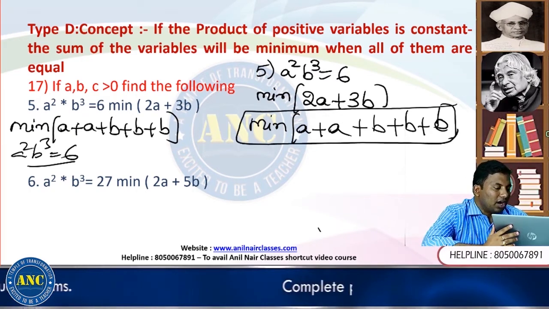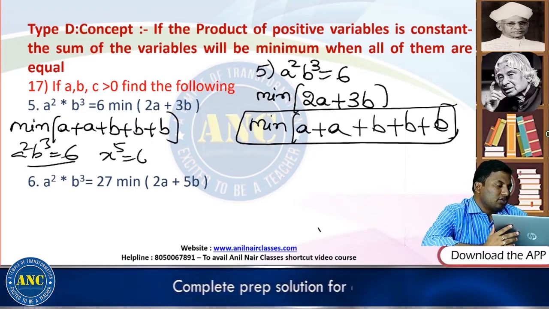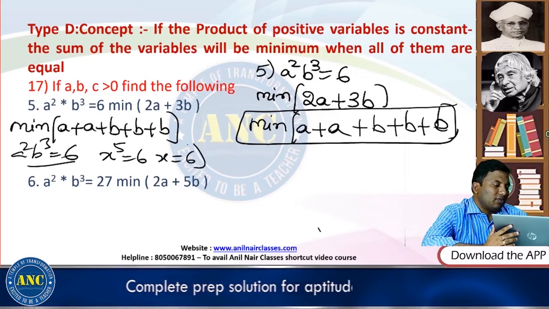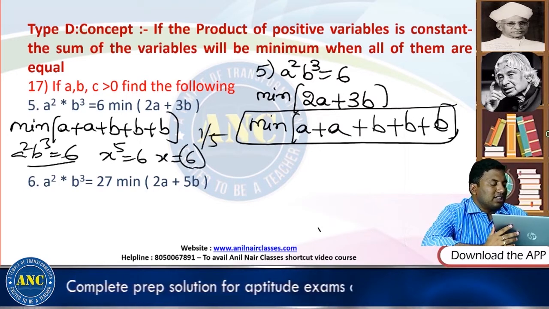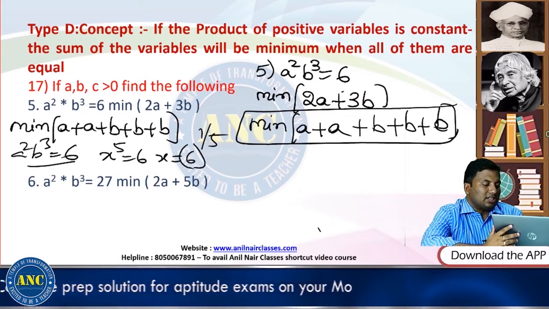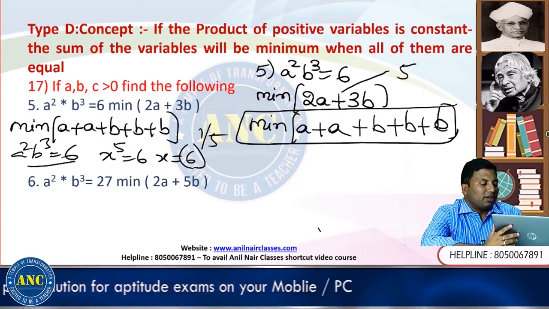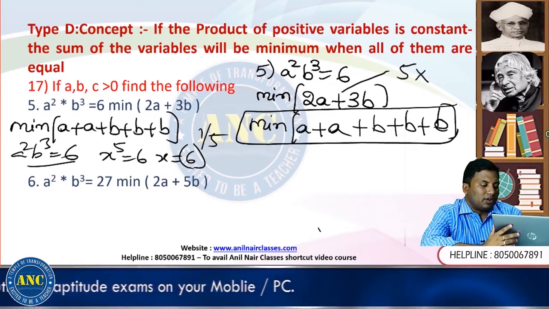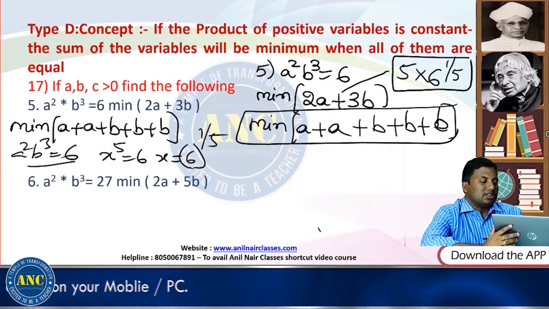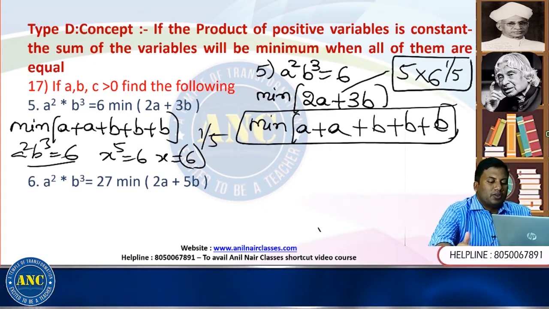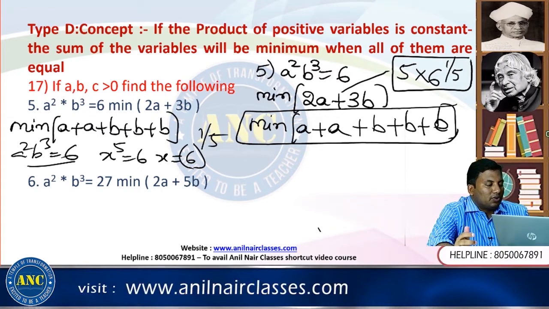All are equal. All are equal means x power 5 equivalent to 6. X is 6 power 1 by 5. X is A or B. So answer is 2 into 6 power 1 by 5 plus 3 into 6 power 1 by 5, which is 5 into 6 power 1 by 5. This is the answer.